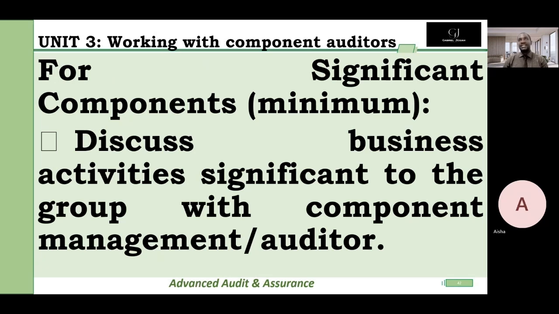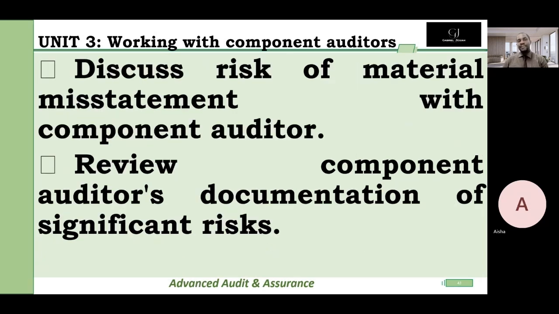Very important. So the business activities centering around what they do, it may be different from the general group looking at the industry or the sector where they are domiciled. The activities need to be communicated to the group auditors.